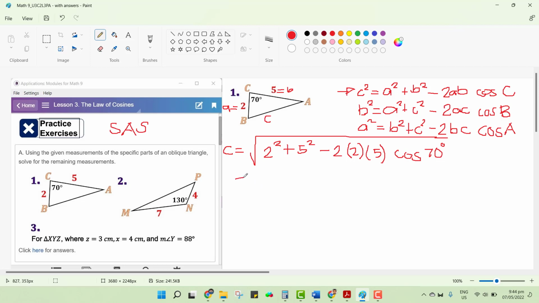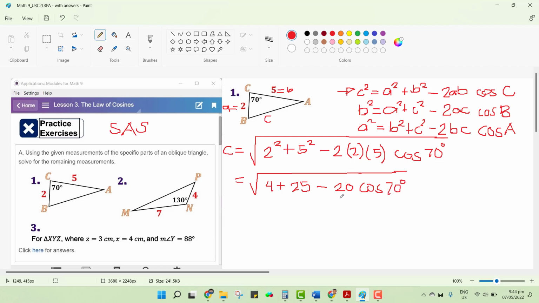Okay, and further, we could compute it in this manner. You will have 4 plus 25 less 2 times 2 is 4 times 5 is 20, but this 20 here is to be paired with cosine 70 degrees.